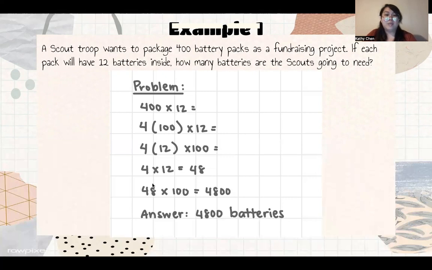And then they multiplied 48 by 100, which gave them 4,800. They did this because it's much easier to multiply 48 by 100 rather than 400 by 12. So their answer is 4,800 batteries.